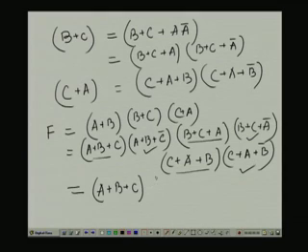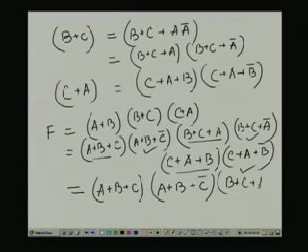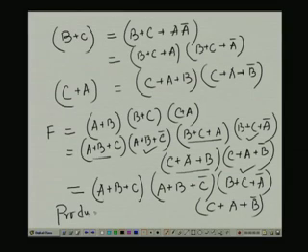So, this becomes A plus B plus C bar, then B plus C plus A bar, and C plus A plus B bar. So, this is my product of sum forms, product of max terms.